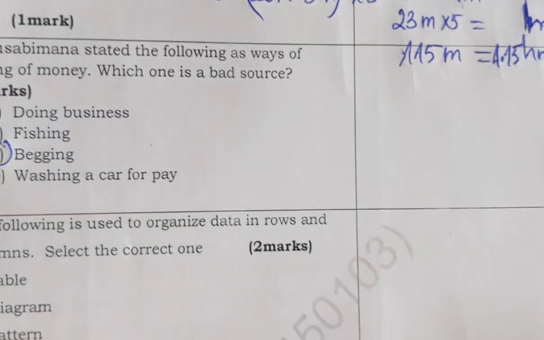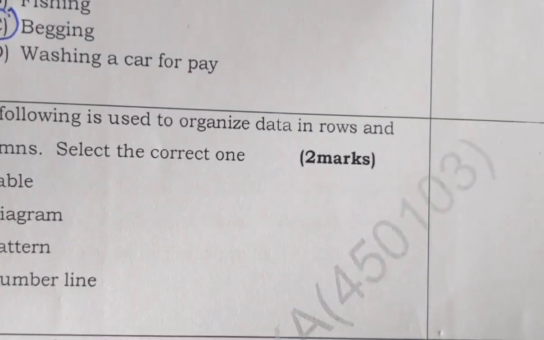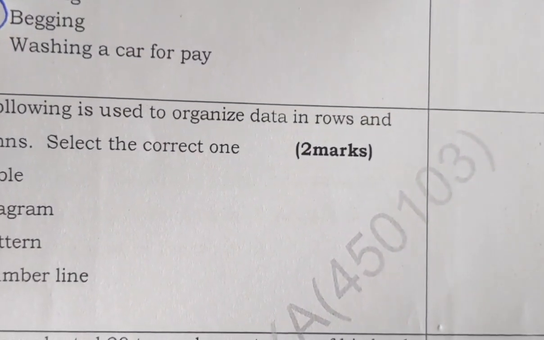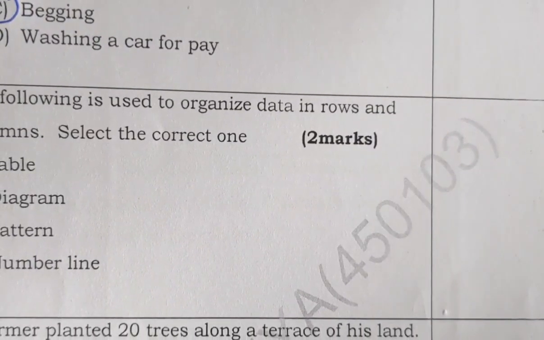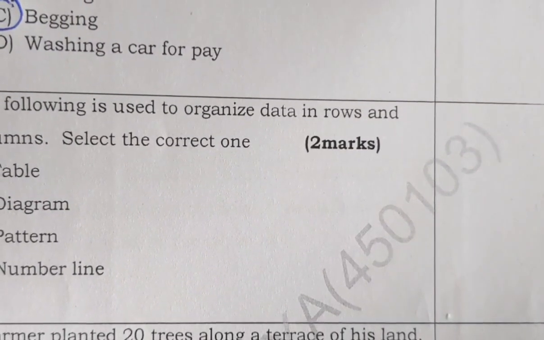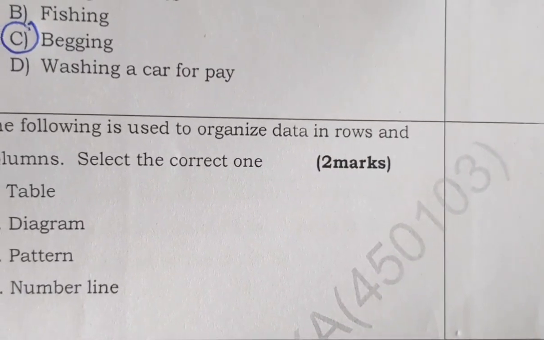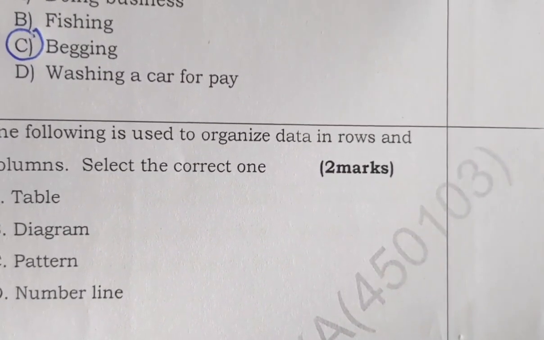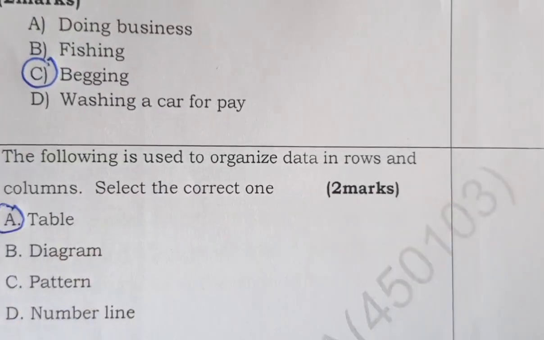And then question number 17, they said, the following is used to organize data in rows and columns. Select the correct one. So here we know that there is table, diagram, pattern, or number line. Here the correct answer is table because a table has rows and columns.